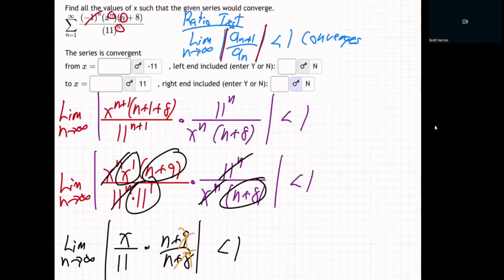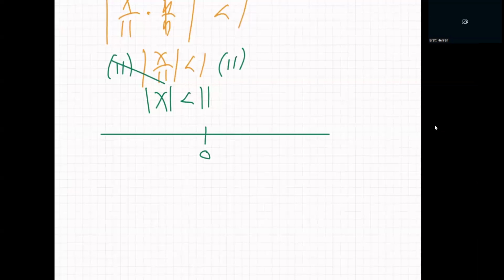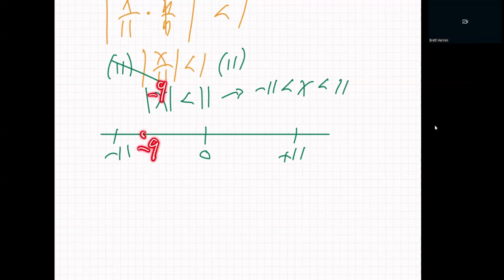That's the first. Well, that means, let me go to a number line for you. Here's 0, here's -11, here's +11, right? x is anywhere between that. That means x is between positive and -11, right? You can put in something like -9, and the absolute value of it will be less than 11.